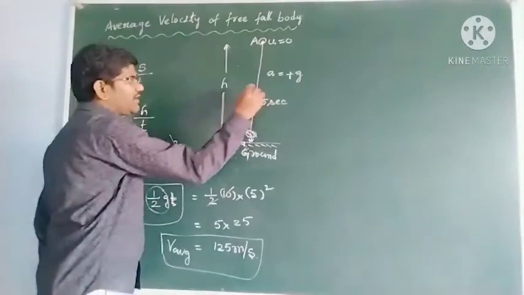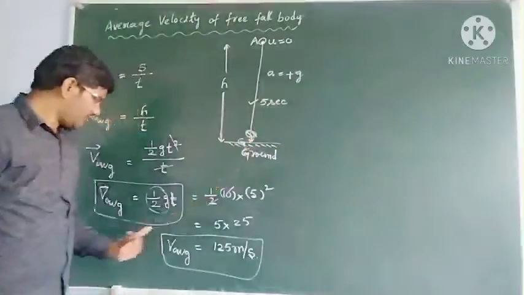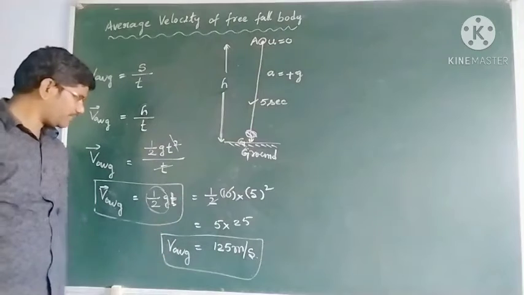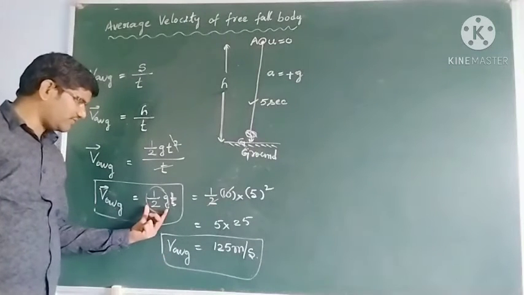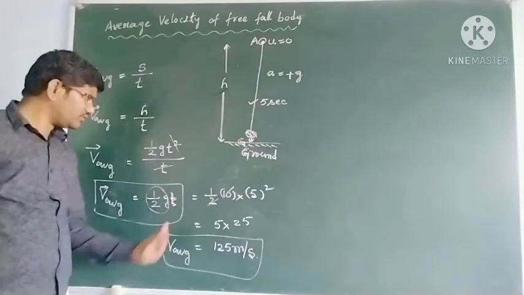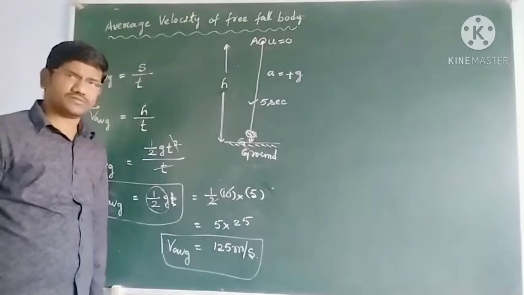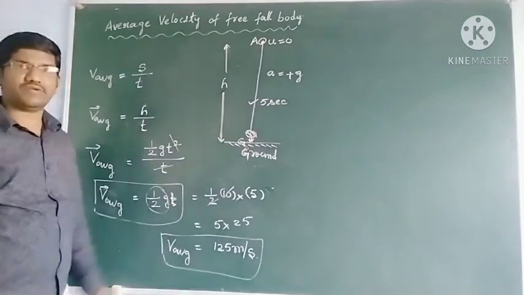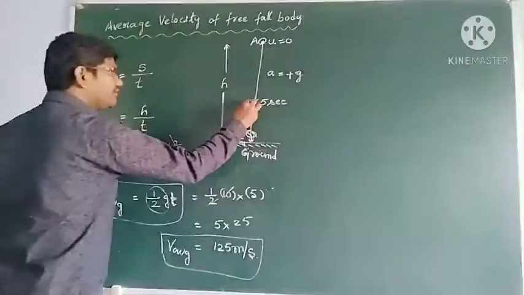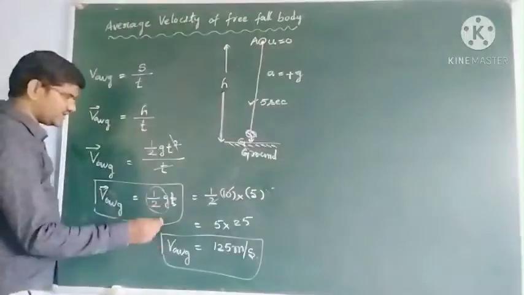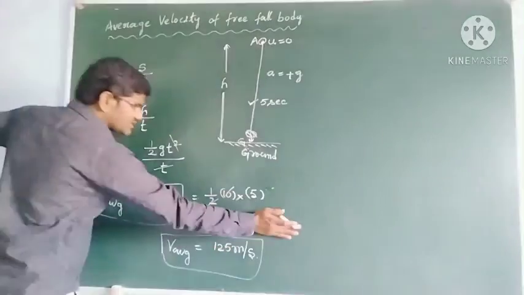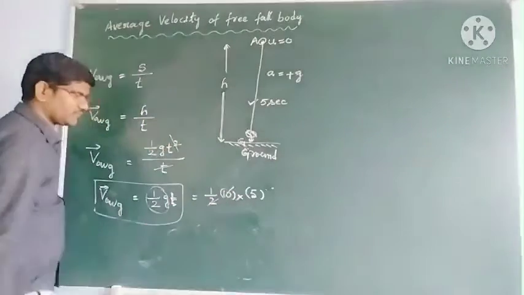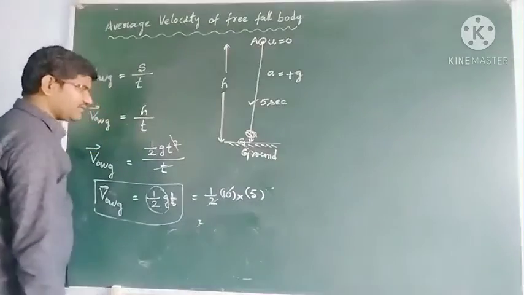Here the time I have given is 5 seconds, so you write the average velocity as half g into t. Then you can calculate the average velocity like this.